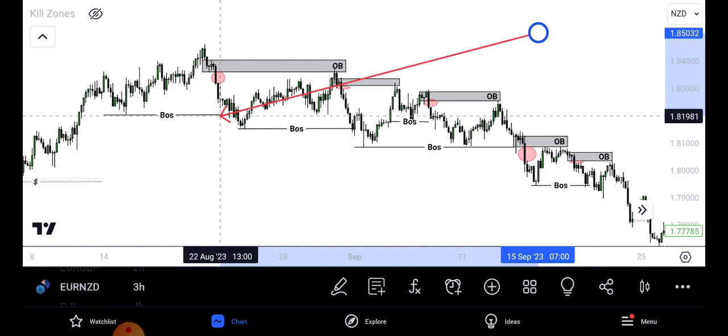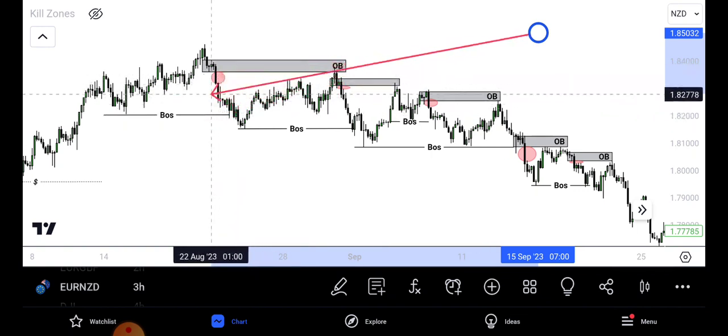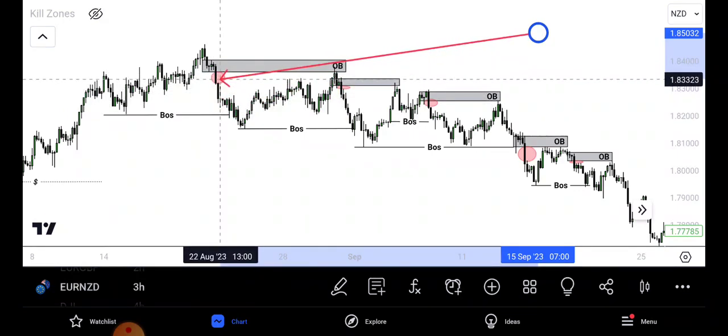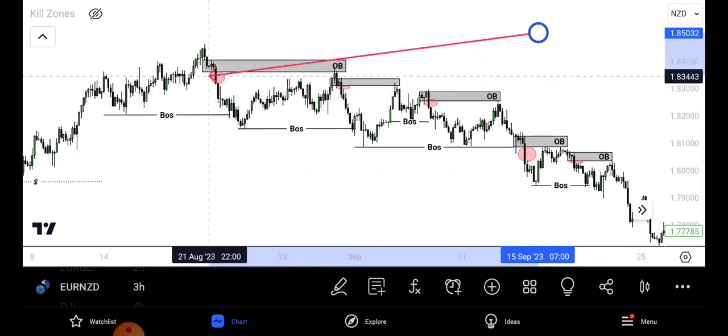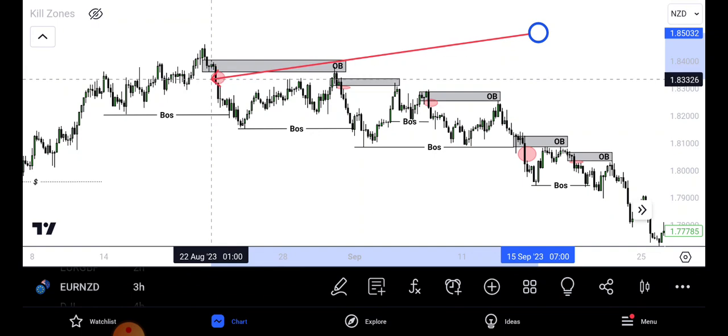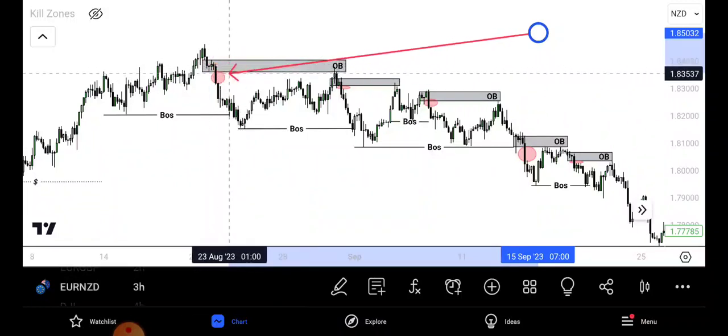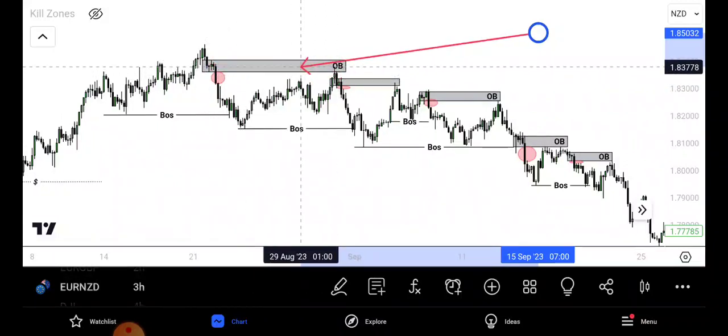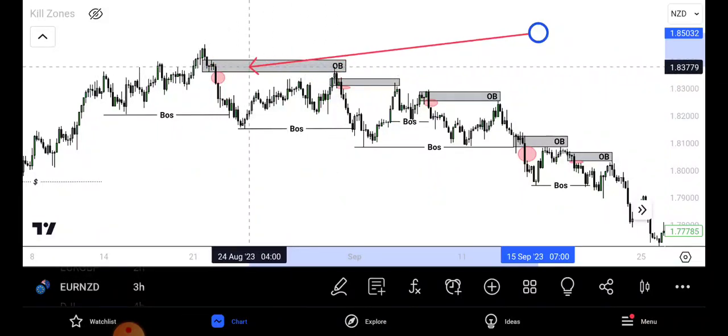Element 2, we look for imbalance. The red circle signifies imbalance, so we tick that out. Element 3 is order block. We have our order block, which is a very nice refined zone. We tick off that one.